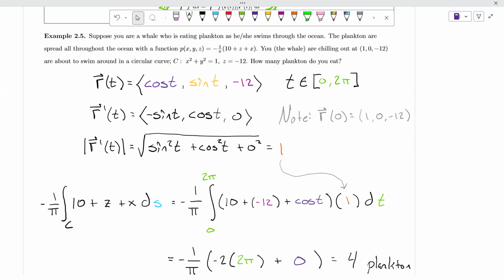In this particular case, it's a circle of radius 1, so it had a very nice magnitude, just 1 in there. Also, I substitute in for x, y, and z based on my parameterization, x of t, y of t, z of t. So plug some stuff in, ta-da, there it is. Do an integral, and I got an answer.